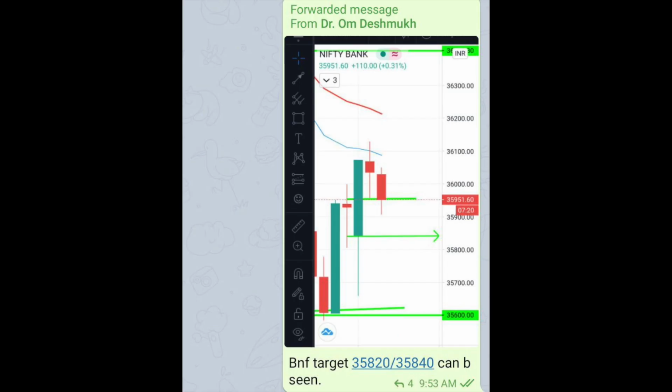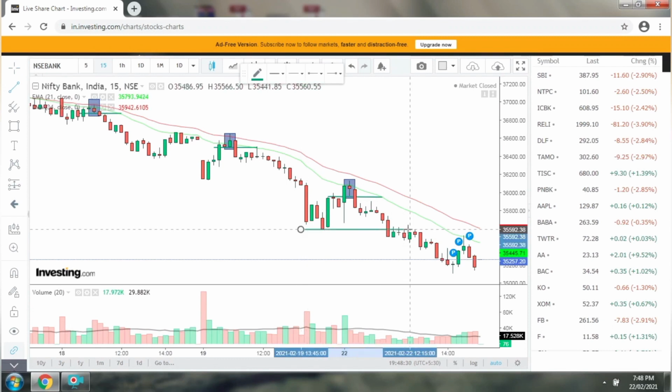I have updated the same in the Nifty BN Telegram group also, and my first target was the previous swing low, and my second target was the support line on the hourly chart. I will show you later.